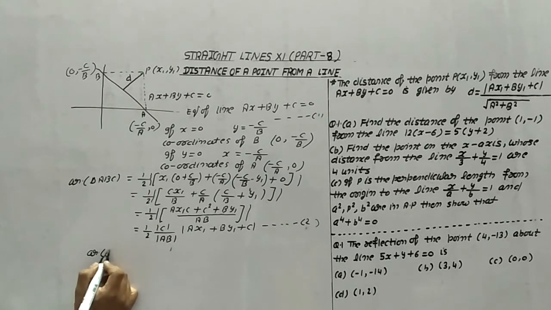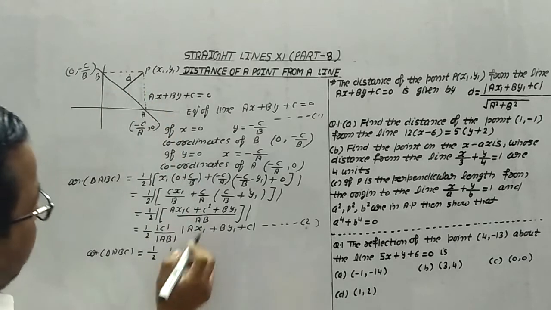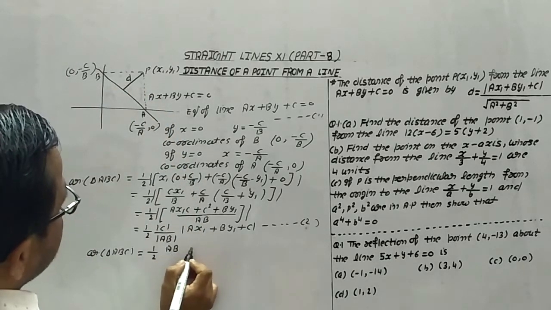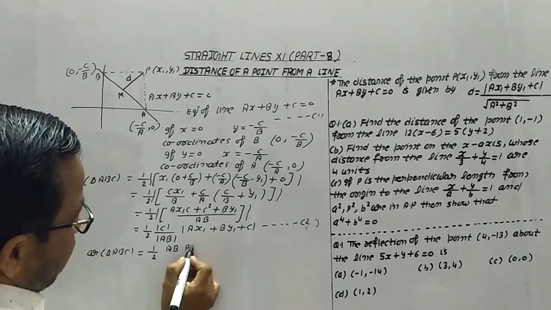Now again, area of triangle is equal to half base into height. Half base, base is AB, and height, we can say this is the point M, it means this is PM.